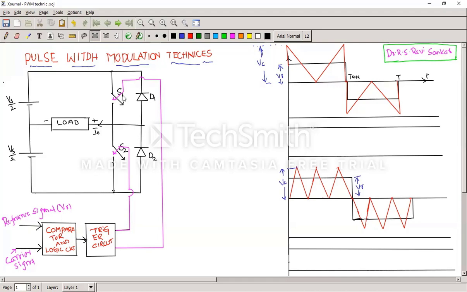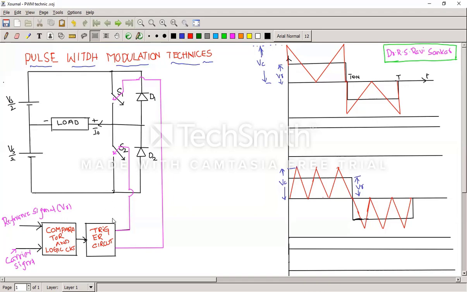See how we are going to generate these pulses means by means of a comparator and logic circuit. It has two inputs. One is reference signal, another one is a carrier signal. Depending on the logic circuit, it makes output 1 or 0, so that this triggering circuit will give the pulses to the S1 as well as the S2.